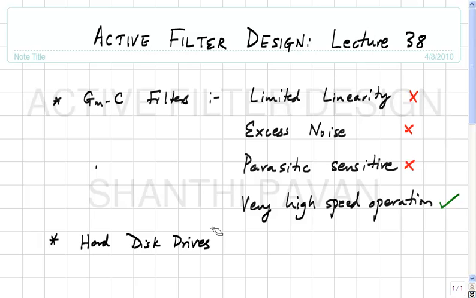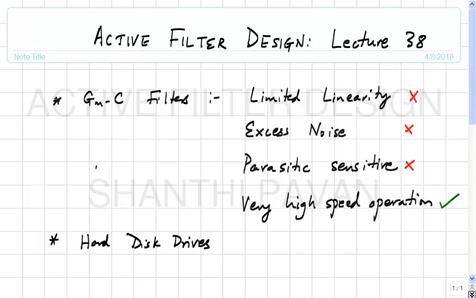Is this clear? So even though we keep saying GMC filters are not great, every technique which has some merit or the other will always find some niche application, right. So this is one example where probably no other technique will work, simply because of the speeds involved. Okay, all right.